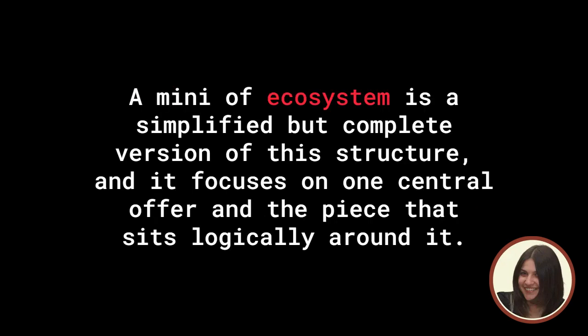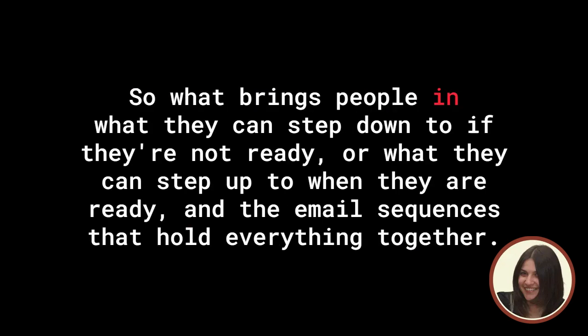A mini offer ecosystem is a simplified but complete version of this structure, and it focuses on one central offer and the pieces that sit logically around it. So what brings people in, what they can step down to if they're not ready, or what they can step up to when they are ready, and the email sequences that hold everything together.